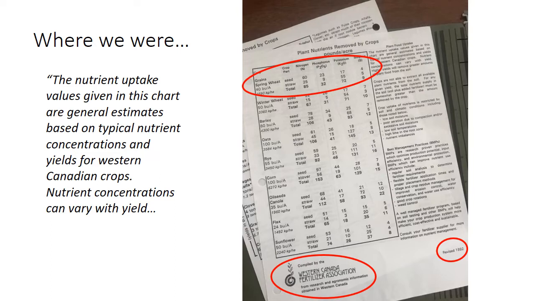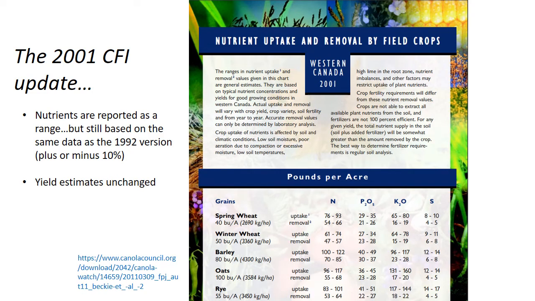And of course, with changes in breeding and new genetics as well as management, we've got significant changes in farming practices in Western Canada. In 2001, CFI released an update, and here we see that the nutrient uptake and removal are reported in ranges.